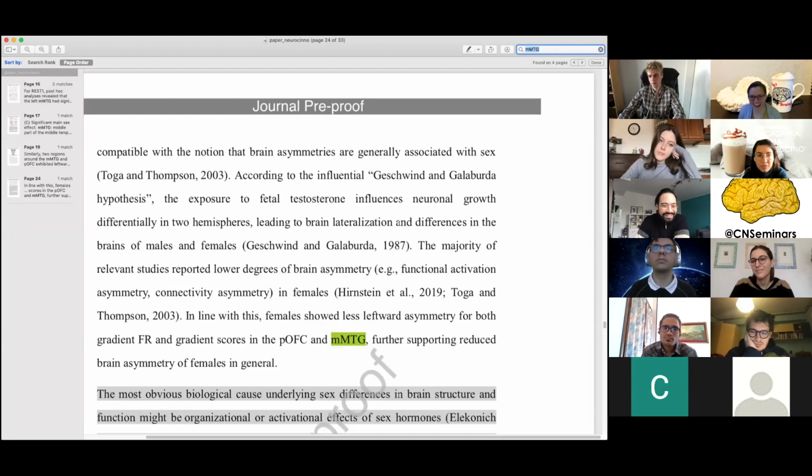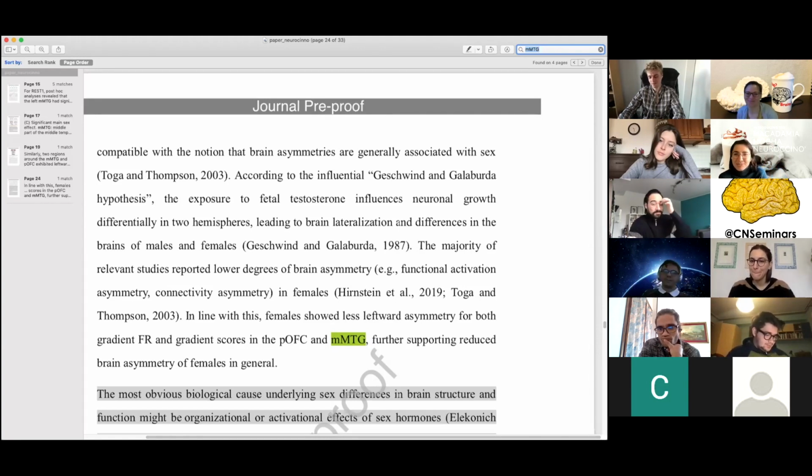Well, for me as an asymmetry researcher, I find it interesting to look at those things.